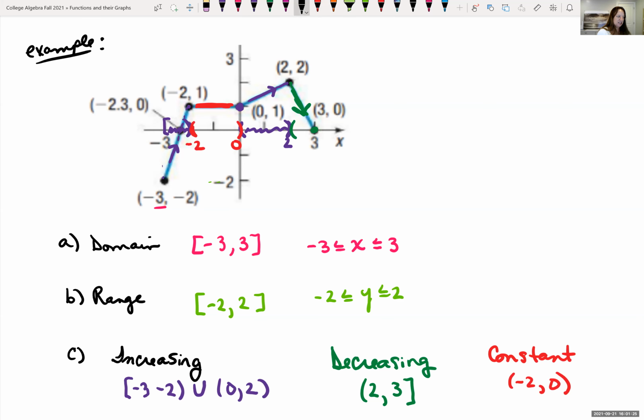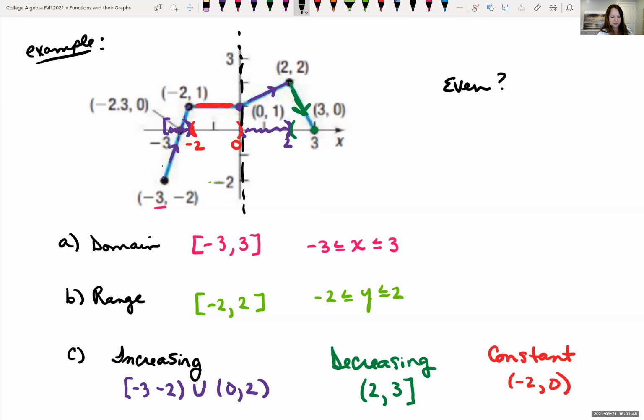The other question in this was looking at the graph: is the function even, odd, or neither? If it's even, this would be a reflection across the y-axis. And I notice if I folded my paper along this y-axis, I wouldn't have a mirror image.